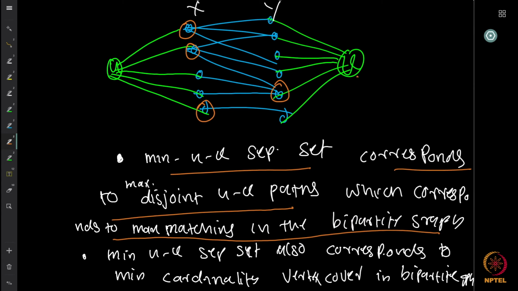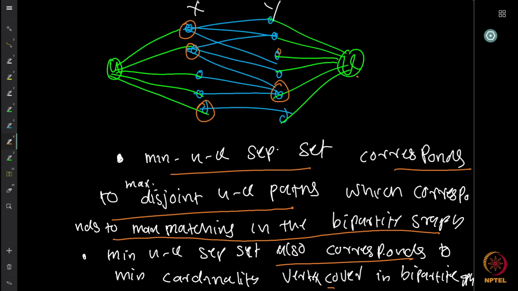But the minimum separating set also corresponds to a minimum cardinality vertex cover, because if all the edges are not covered, there will be some remaining blue edge. That blue edge is going to create one more path. So if that edge is not covered, that is going to give one more path, which means that we did not select all the separating vertices.